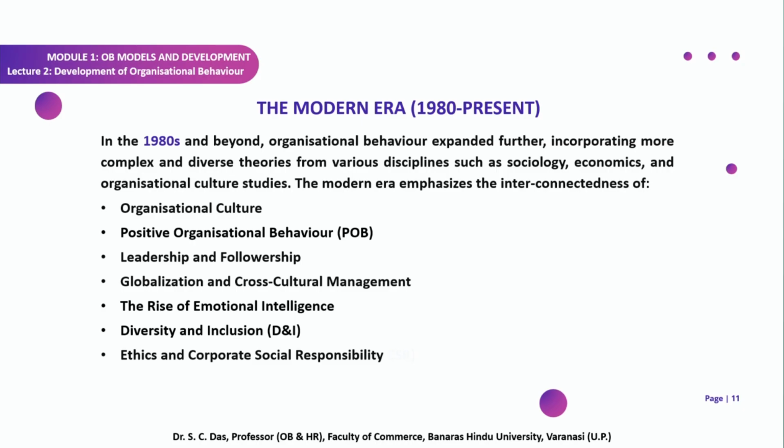Organizational culture is now more important, positive organizational behavior is very important, leadership and followership are important, globalization and cross-cultural management are important, along with the rise of emotional intelligence, diversity, equity, inclusion, ethics and corporate social responsibility.